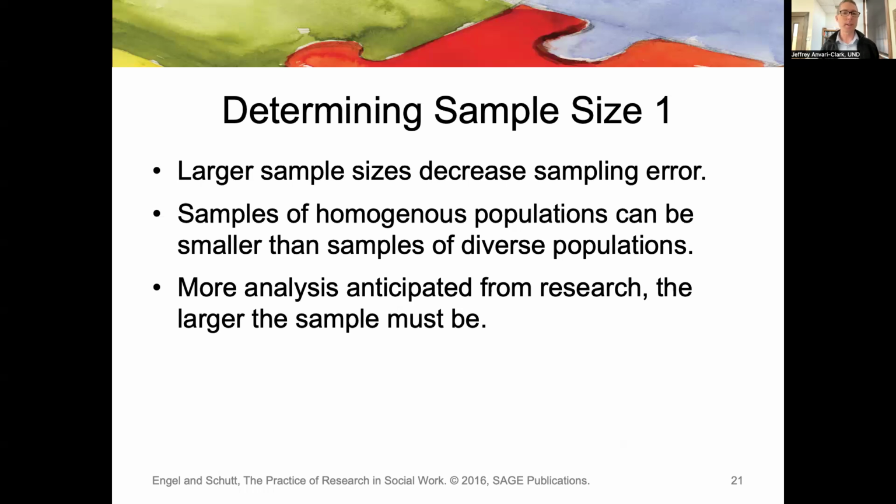This is a statistical analysis unto itself. Basically, the more calculations you're going to be doing, the more power you need, and so the more people and information you're going to need to pour into that calculation.